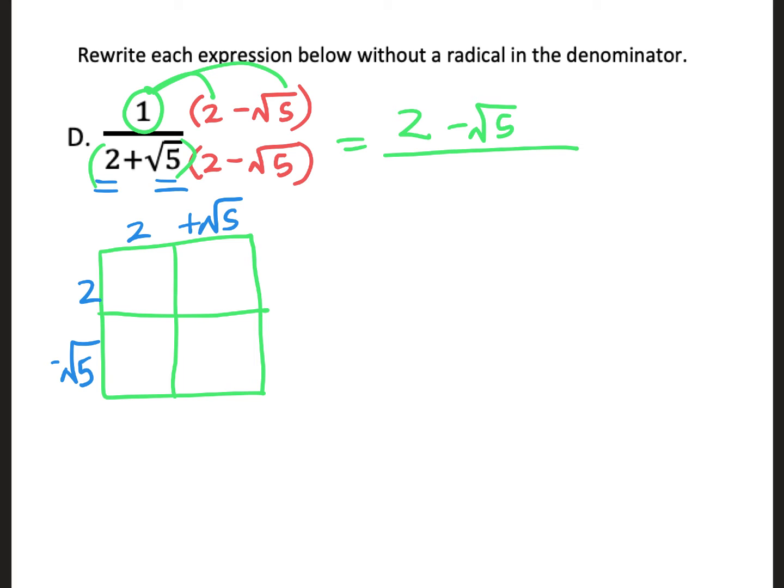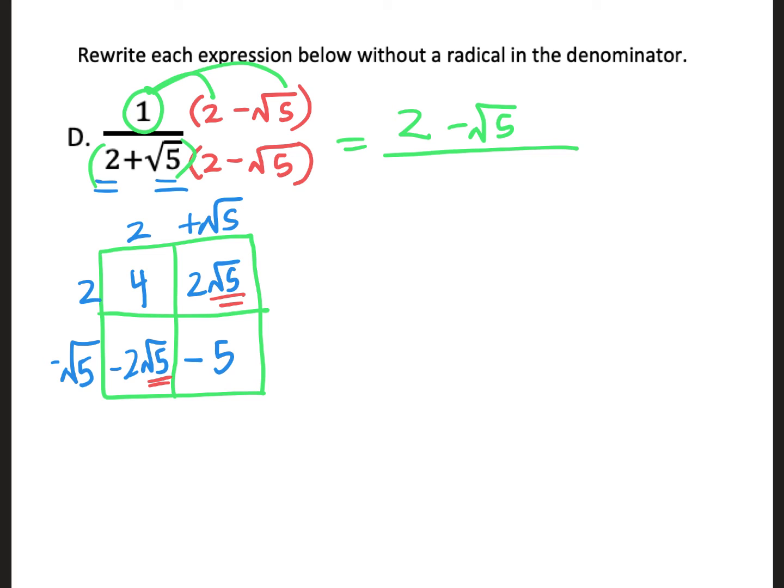Again, in my first box, we're doing 2 times 2. That gives me 4. If I do 2 times root 5, I get 2 root 5. Negative root 5 times 2 gives me negative 2 root 5. And then my last one is a positive times a negative, which is a negative. Root 5 times root 5 will just be 5. Notice these two have like radicals.